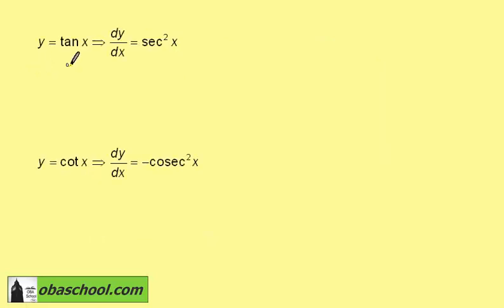If we have y equals the tangent of x, we know that this differentiates to give sec squared x. It follows that if we integrate sec squared x with respect to x, we'll get tan x plus a constant.